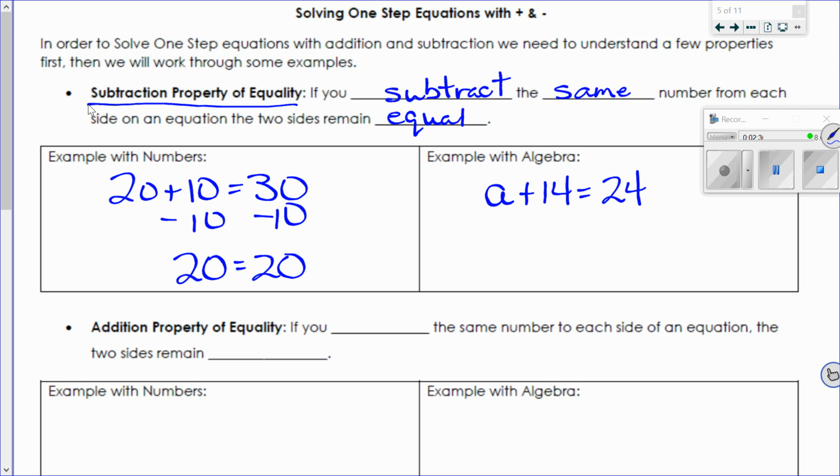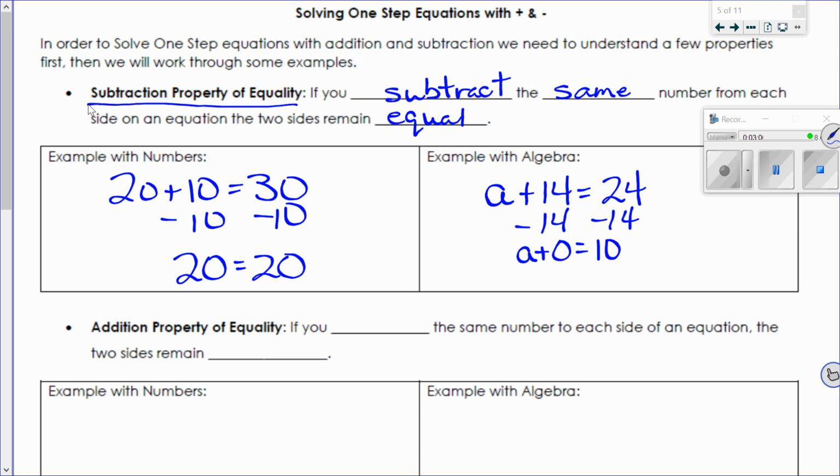We're actually going to use the subtraction property of equality in order to solve this. We're going to take away the same number on both sides. We're going to take 14 away. So if I take 14 minus 14, what do I get? 0. So technically what we have on this side is a plus 0 equals 24 minus 14, which is 10.